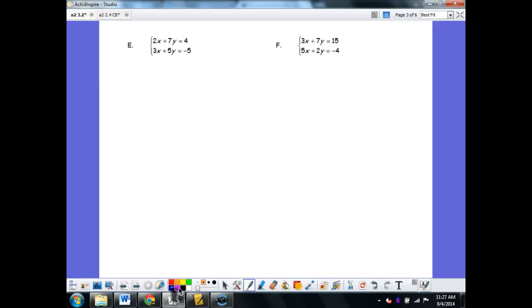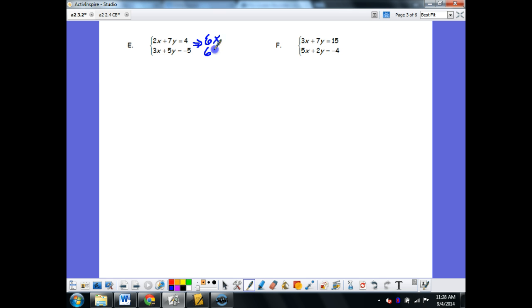Well, in this case, just because the numbers are smaller, I'm going to choose to eliminate the x's. So what I need to do first is determine what number both 2 and 3 go into. It doesn't necessarily have to be the smallest one, but sometimes that works out best. And a number that both 2 and 3 go into is 6.